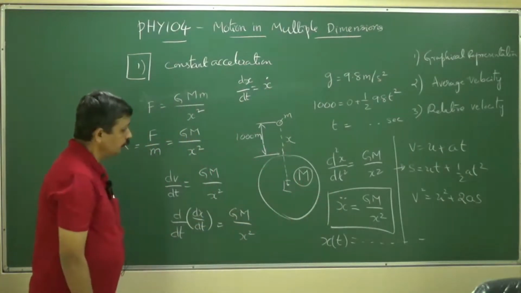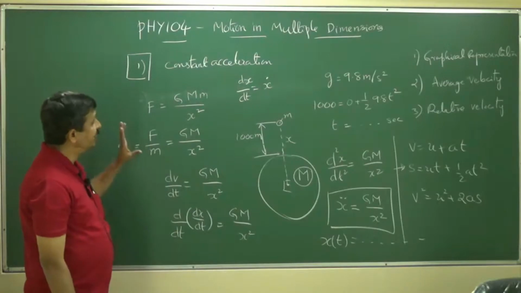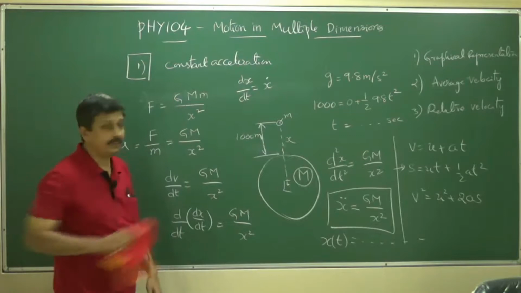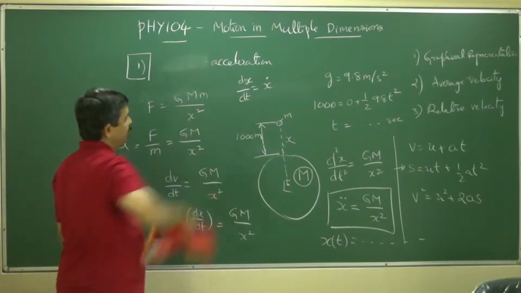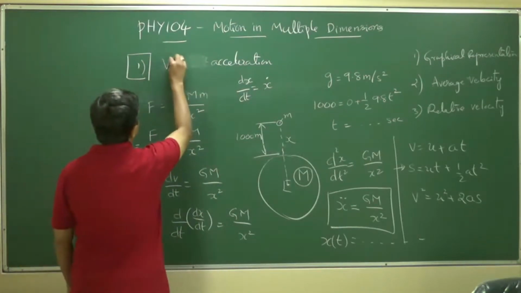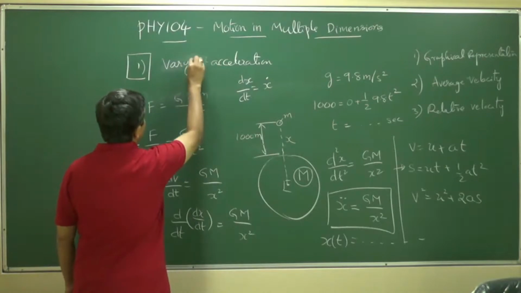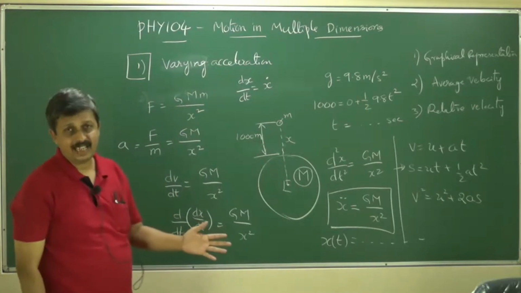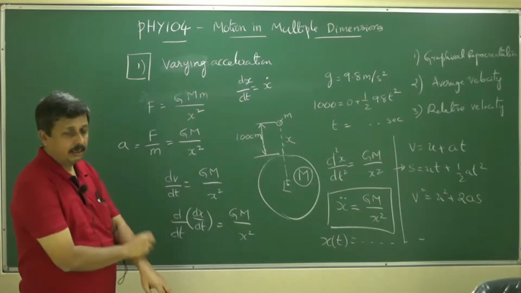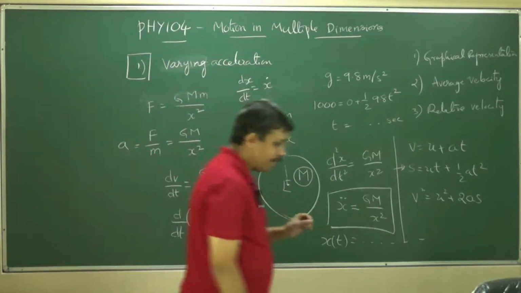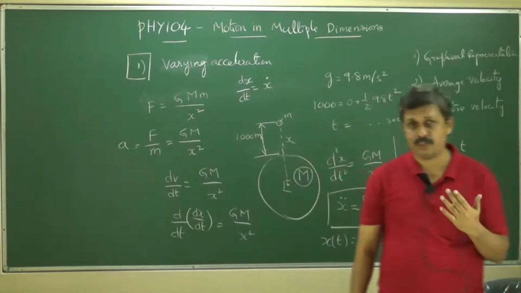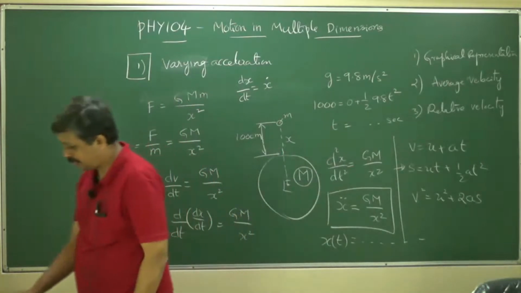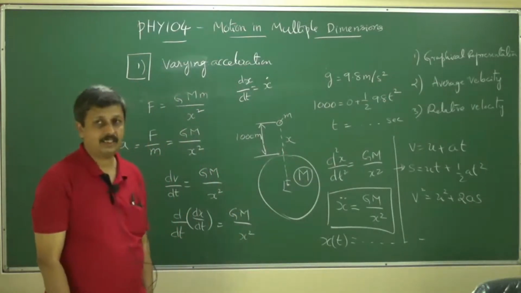So take it down quickly as an example of non-constant acceleration. This is not a constant acceleration. It is varying acceleration. Now I will give you one more small example of varying acceleration and then move forward to see how we go ahead trying to solve problems of that kind.